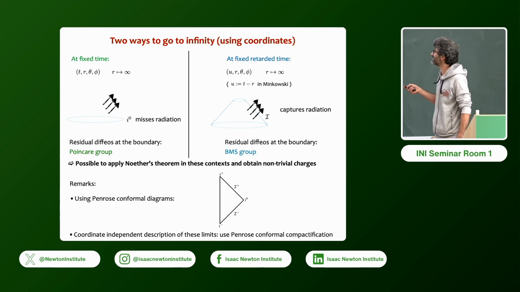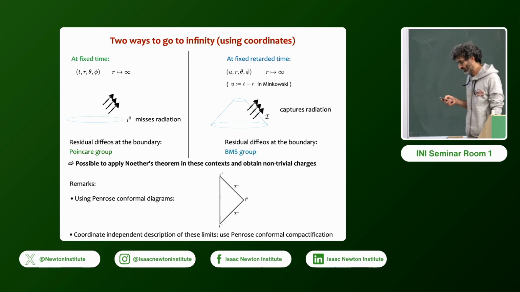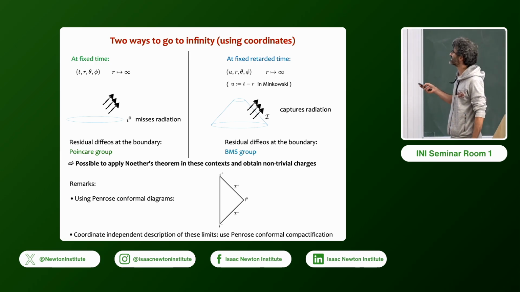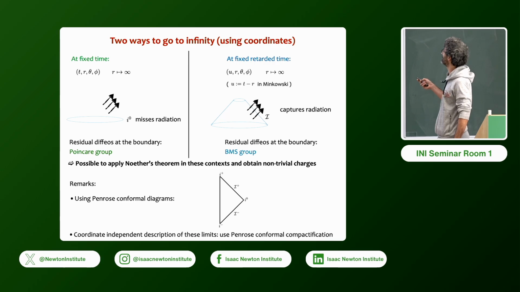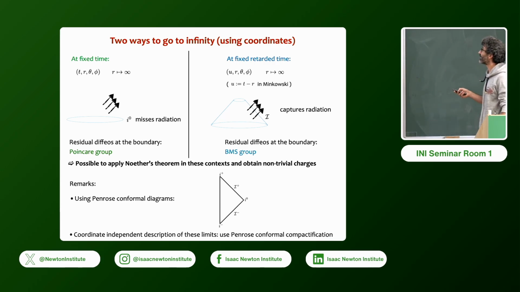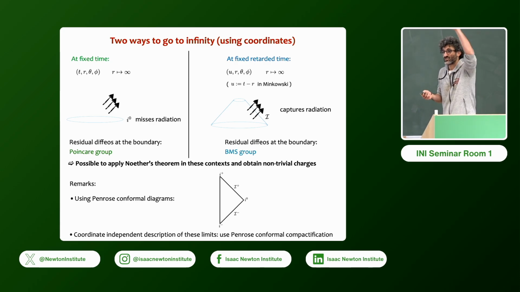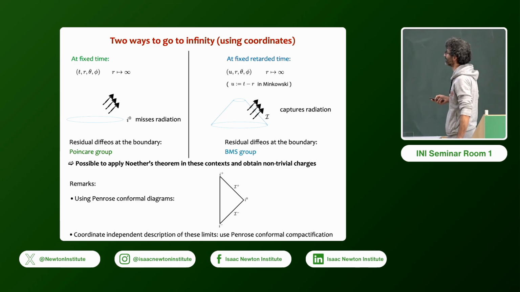One is spatial infinity, in which, let's say, we use some coordinate system in order to describe this. We send R to infinity at fixed time, or null infinity, in which we send R to infinity but at fixed retarded time. And of course, with the first procedure, all the radiation is lost because it just escapes you. But this procedure allows you to capture all the outgoing radiation.